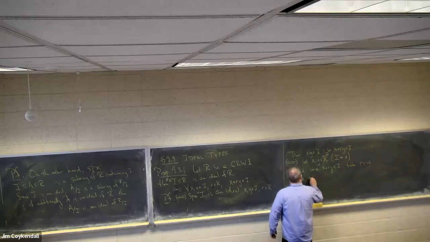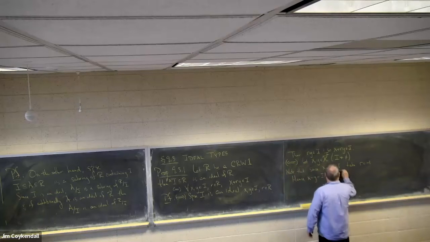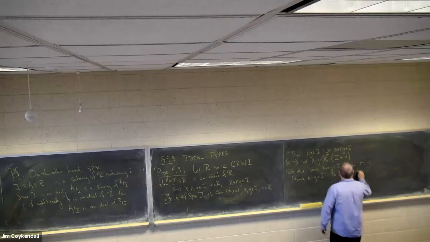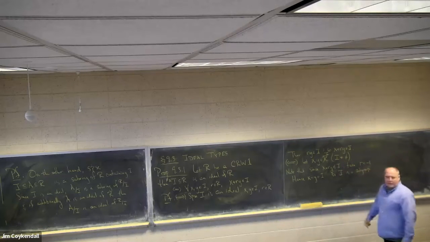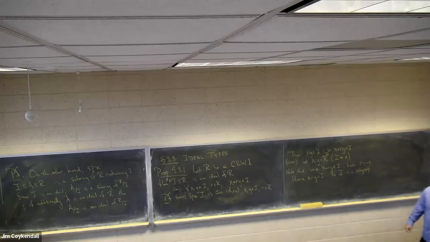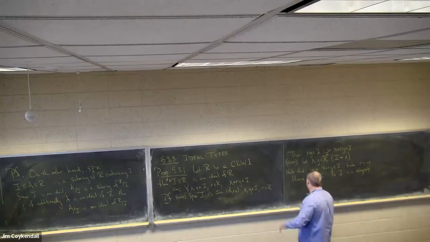So x minus y is in I. Here I've used the subgroup criterion. x and y are in there, x minus y is in there, so I is a subgroup, right? Now all I have to do is show that it sucks.